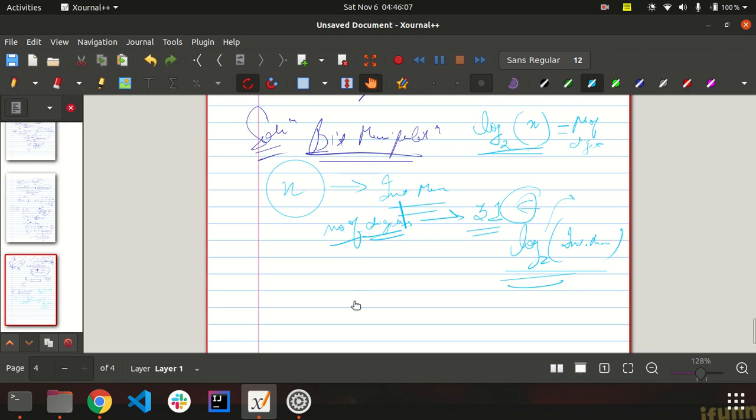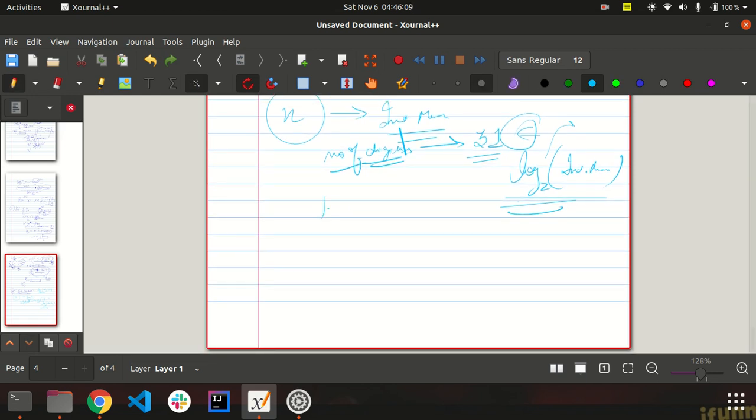So similarly, k into k plus 1 by 2, right? This is almost, at max, k square, right? Why am I saying k square?